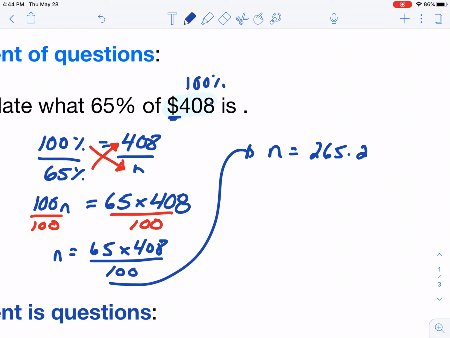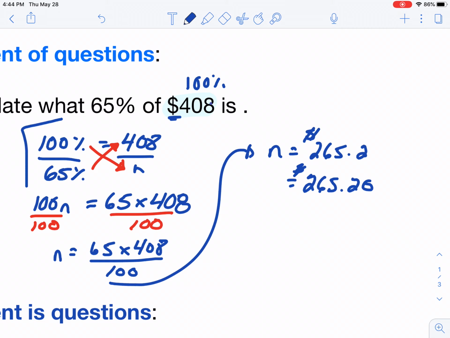Because of this dollar sign, I know that this is money, and I know that 265.2 represents $265.20 because we need a value in that hundredths position. So this is actually $265.20.